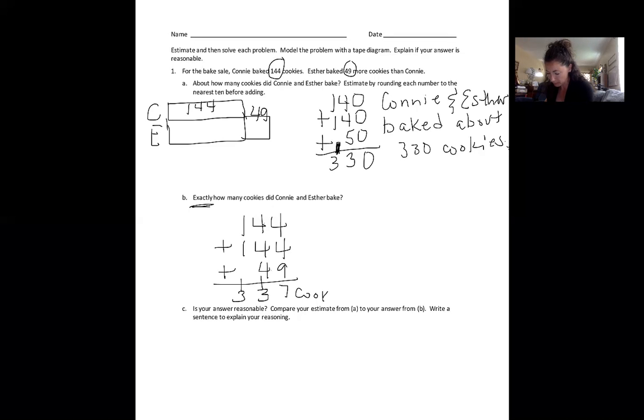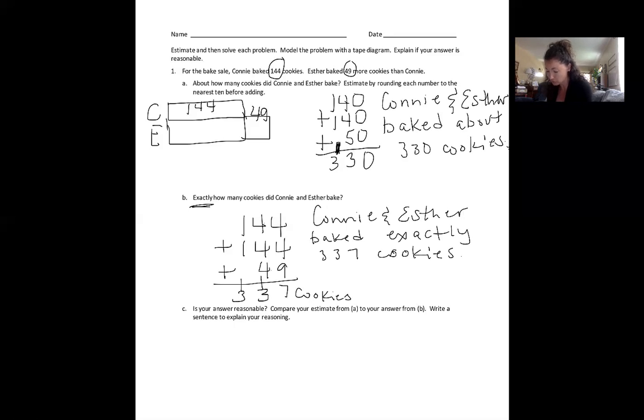So let's write down our statement. Connie and Esther baked exactly 337 cookies. All right, very good.